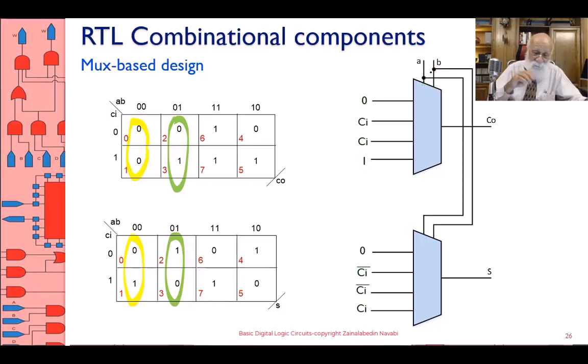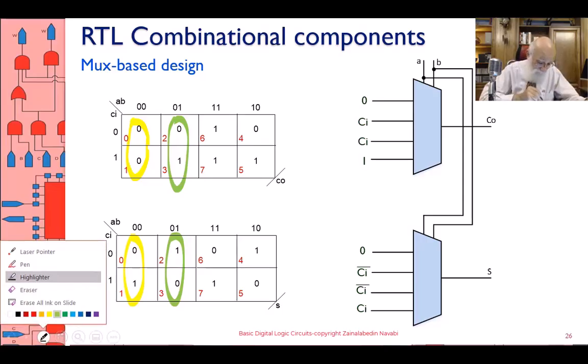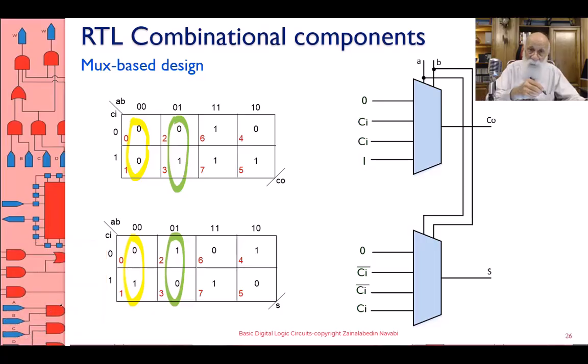When this happens, when AB is 0, 0, on the Karnaugh map side, I'm selecting the 0, 0 column, which is the yellow column, which is 0. Whether C is 0 or C is 1, this is 0. And therefore, I put a 0 here.